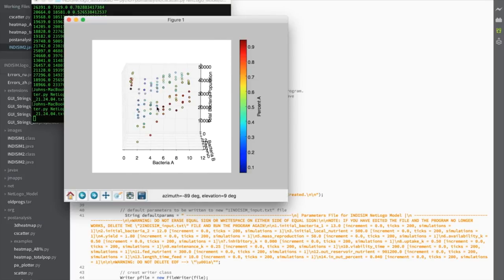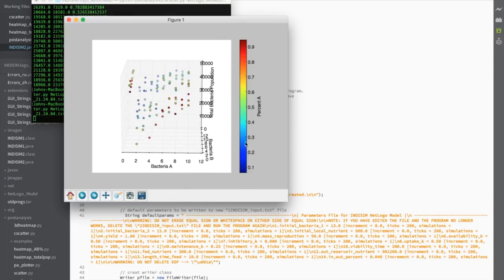And so what we see here is that a very low percent A, which corresponds to basically a higher percent B, and then a very high percent A, which corresponds to the color red. Low would be blue.